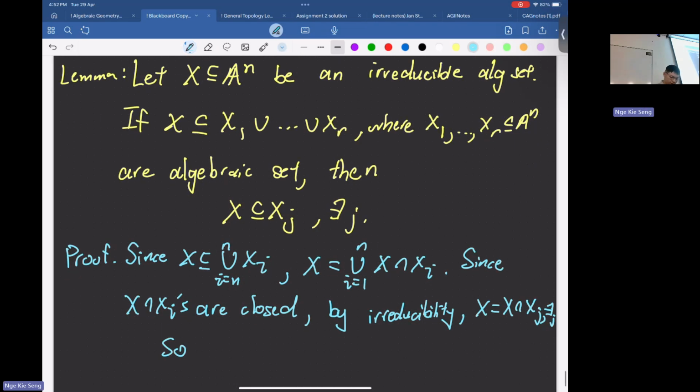So this implies that X will live inside Sj. X equals X intersect with something. To recover X, X should live inside Sj. You can prove this. I think this is a set theory proof.